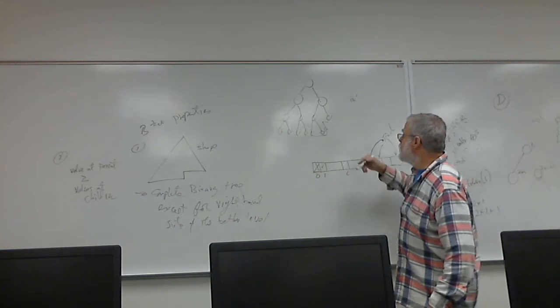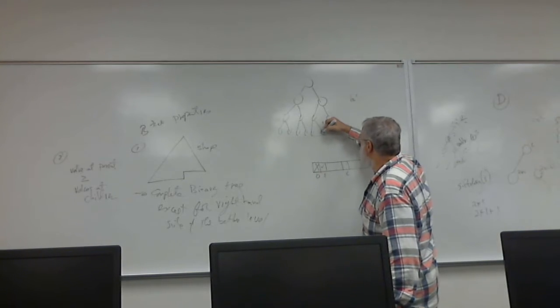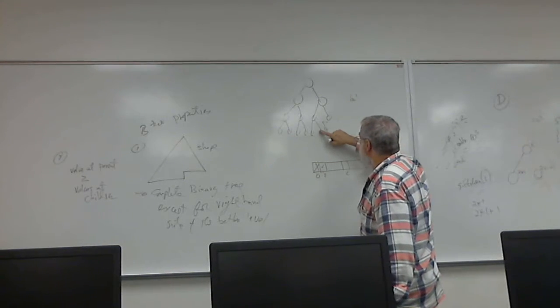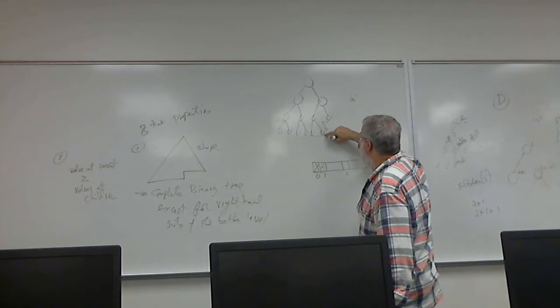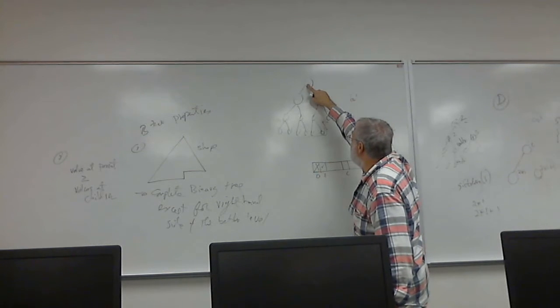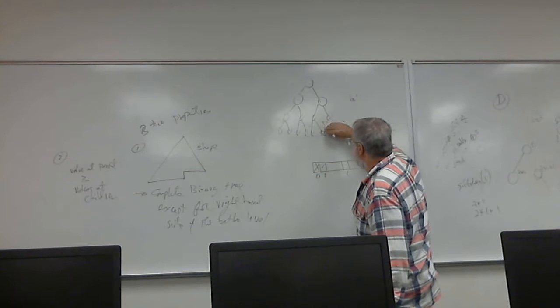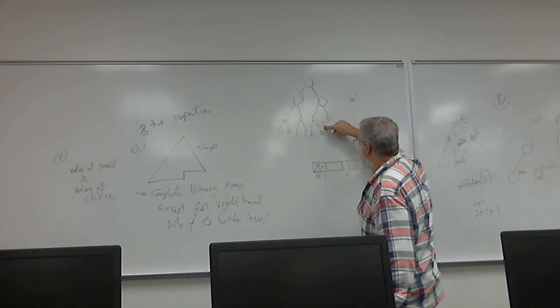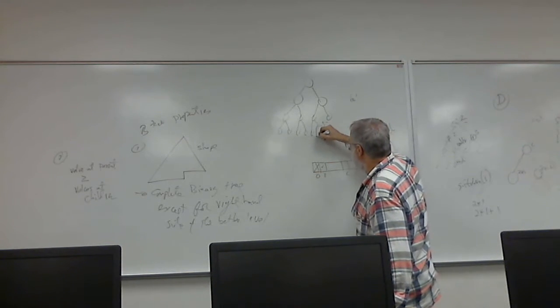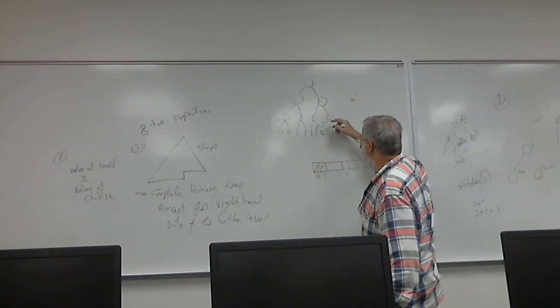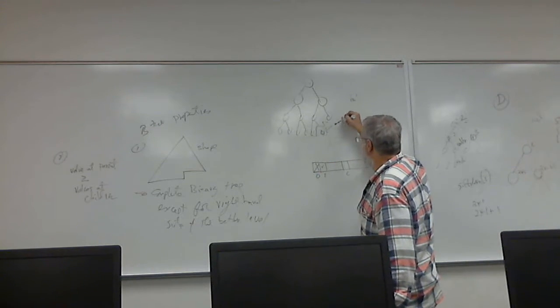So when you do the swap, I take this value here and move it up here, and I take the value that was up here and move it down here. I no longer have to consider that as part of the heap; this is now where the maximum value is, and I don't want to mess with it anymore.